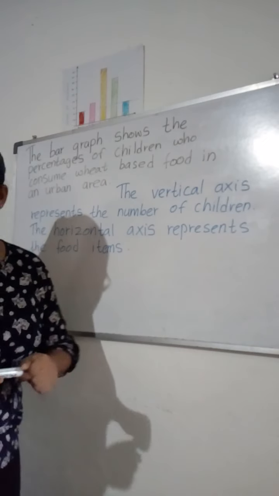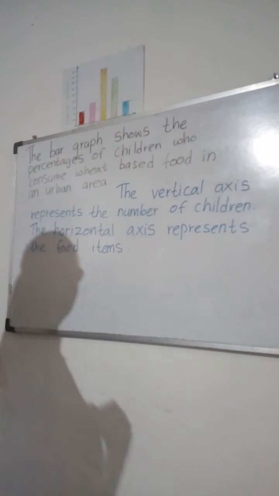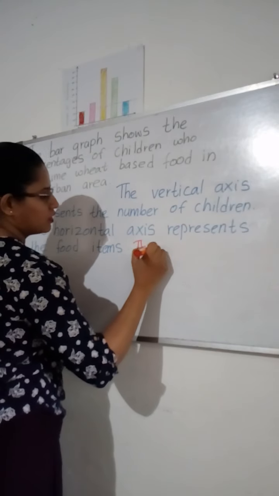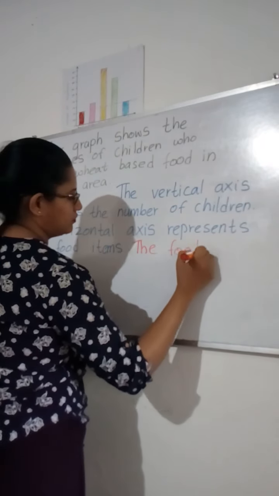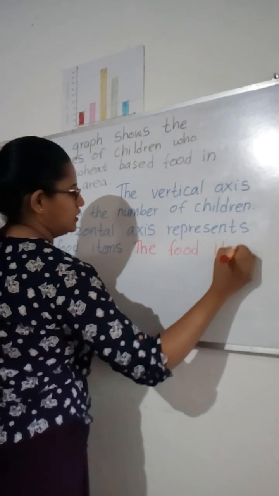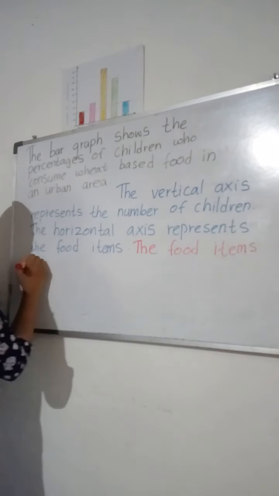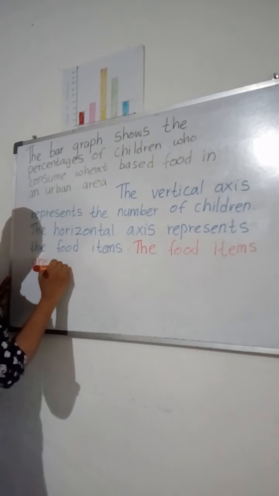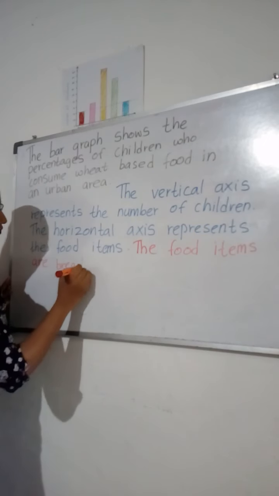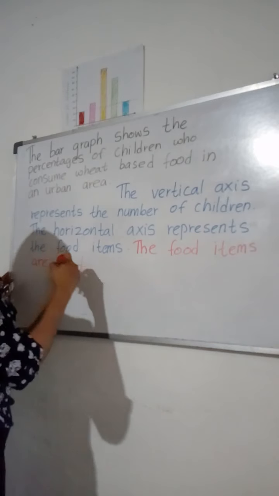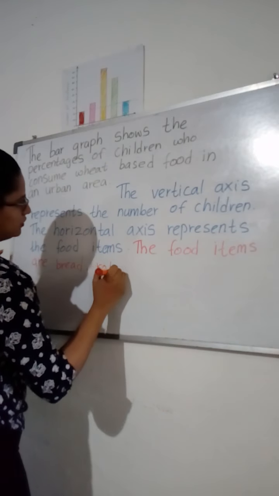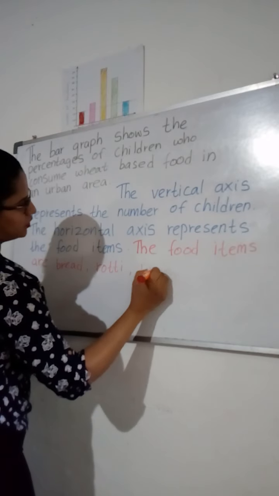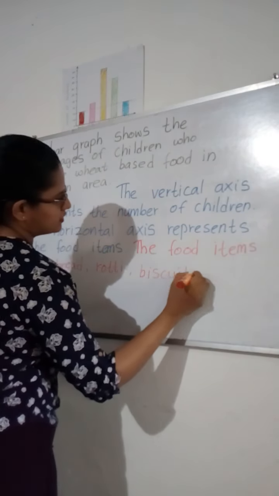As the third sentence, we can write the food items are what? First, bread. Second, roti. Third one, biscuits.